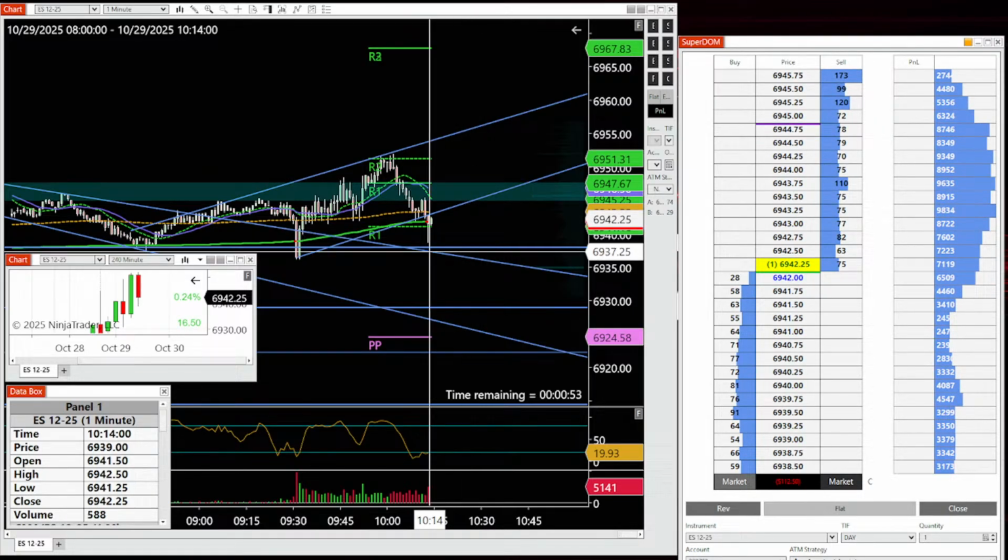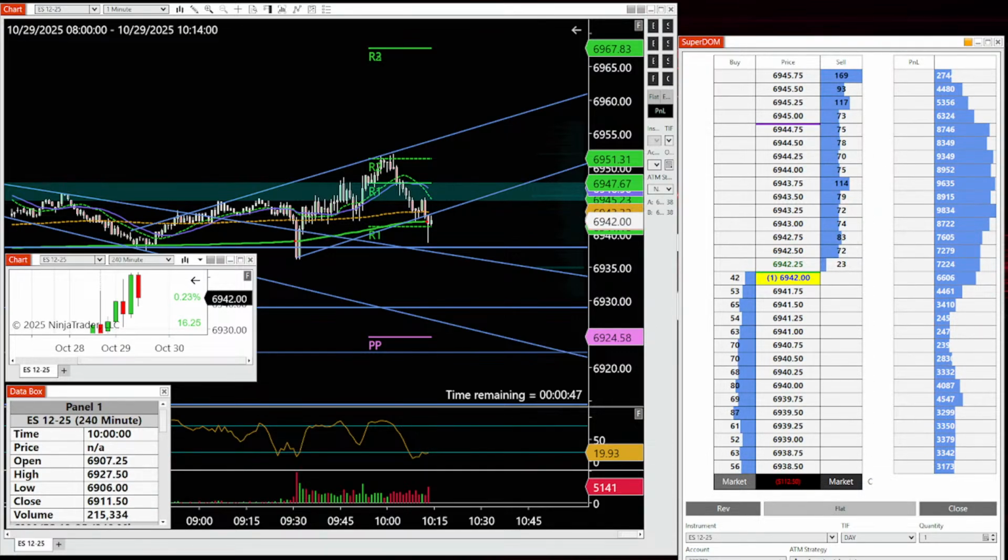They may just be doing some liquidity sweeps for a push higher later. Maybe doing some liquidity sweeps.